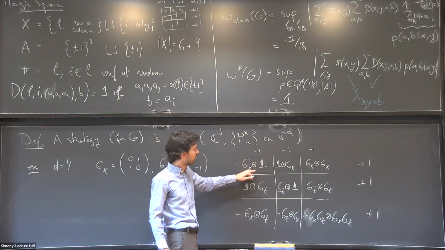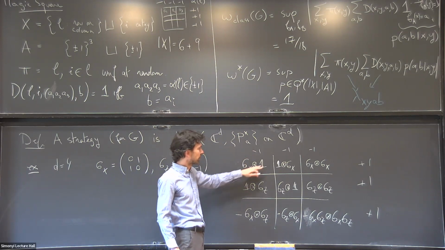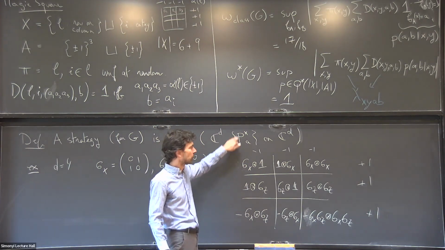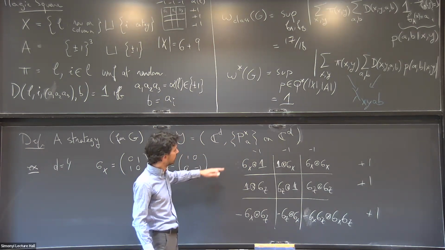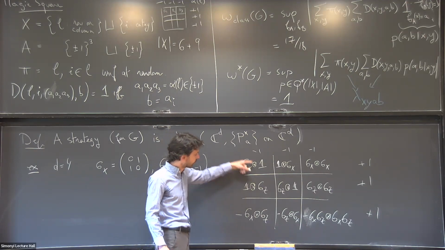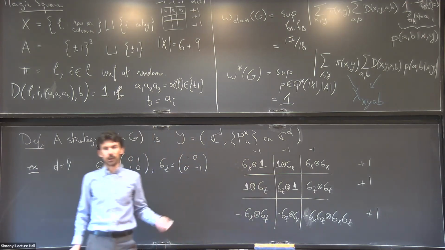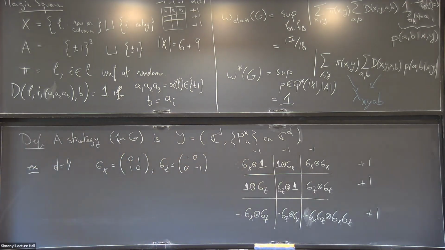You just take the spectral decomposition of the matrix in the square. It has only ±1 eigenvalues, so you have 2 spectral projections, and these give you the P_i's. To get the P's for lines or columns, you look at the 3 matrices and jointly diagonalize them, and this gives you the spectral projections. Let me not give too many details, but it's easy once you've observed that to construct a strategy.